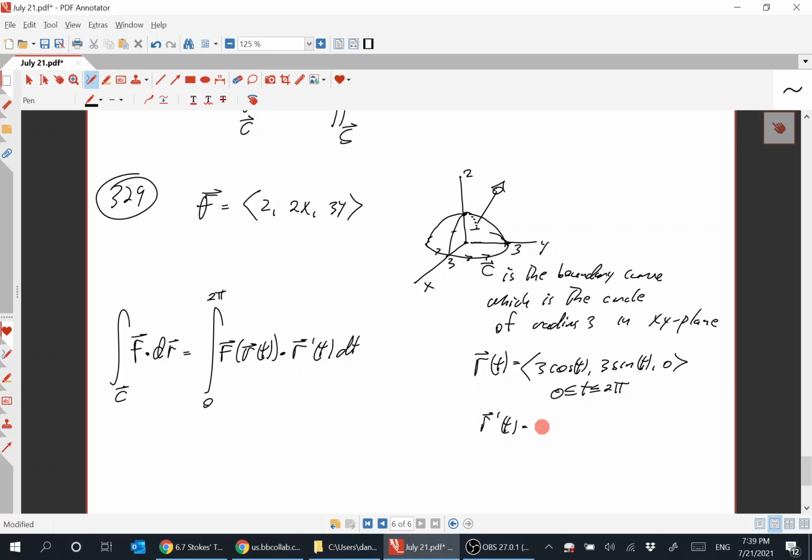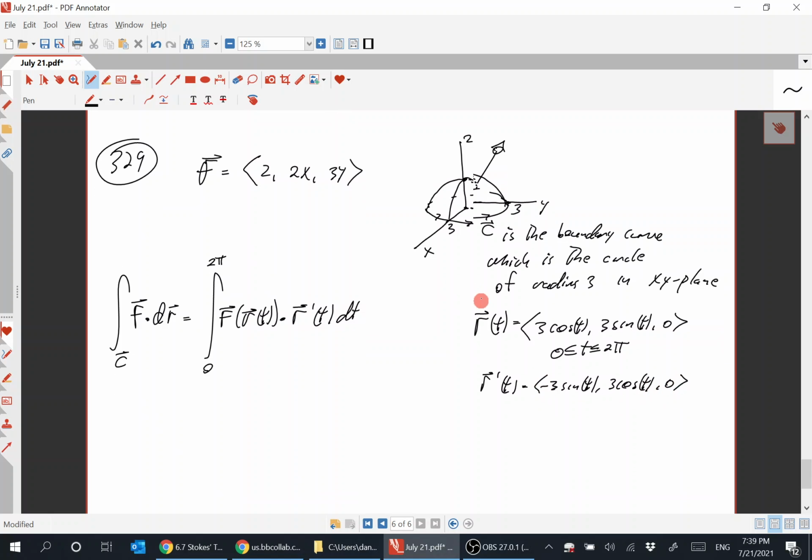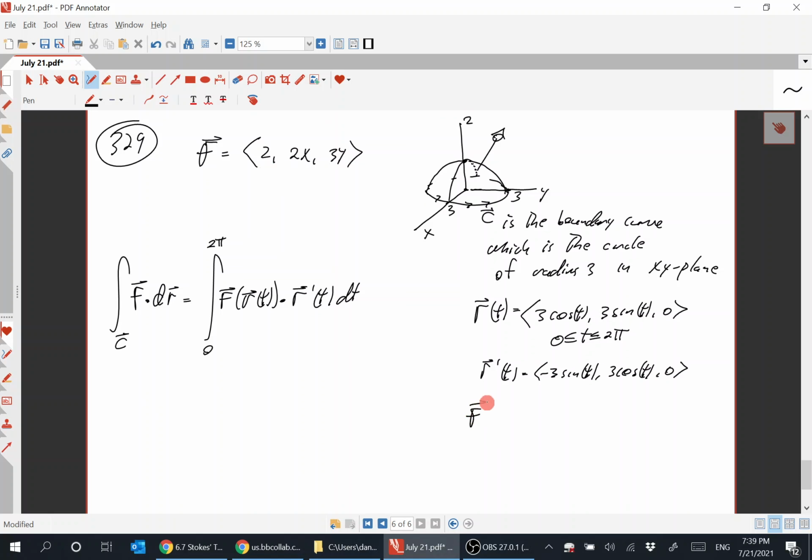It's minus 3 sine t, 3 cosine t, 0. F is z, 2x, 3y. So f of r of t, well, z is 0, 2x is 6 cosine t, and 3y is 9 sine t.